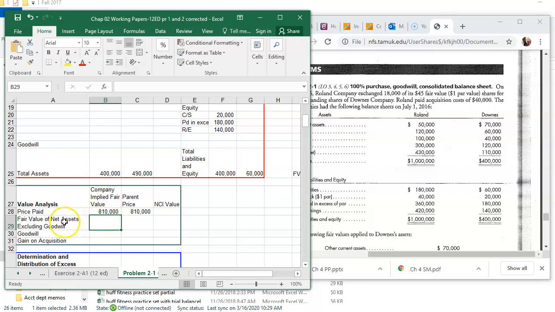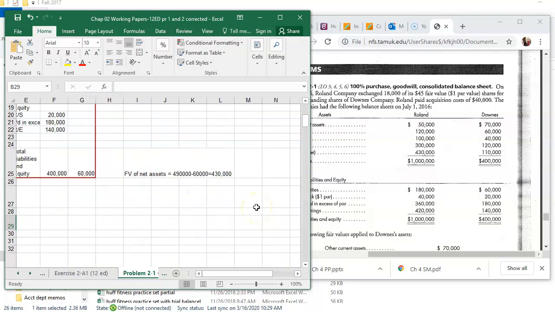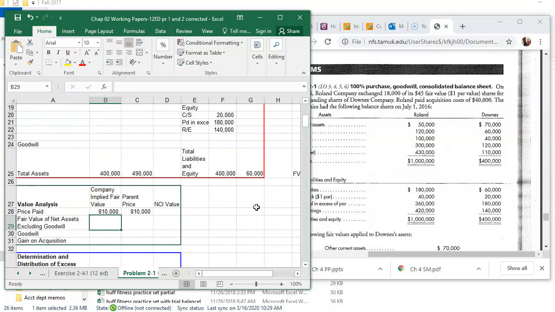The fair value of the assets was this 430 that I calculated over here. So price paid minus the fair value of the net assets, and our goodwill was 380. Right, it all belongs to the parent because we do not have any non-controlling interest in this case. We've got all of it.